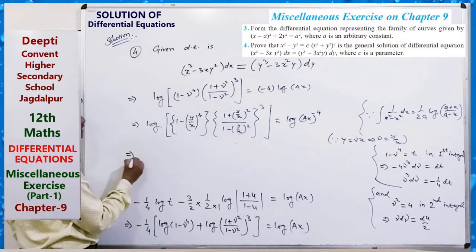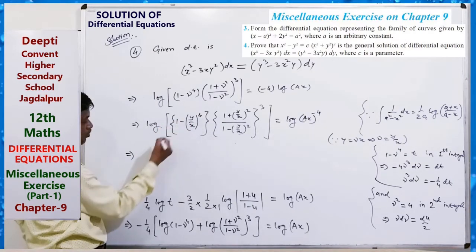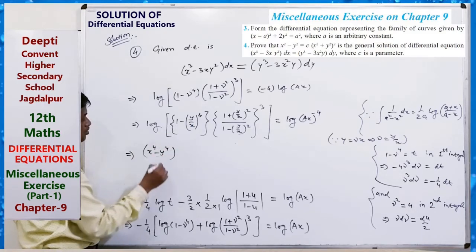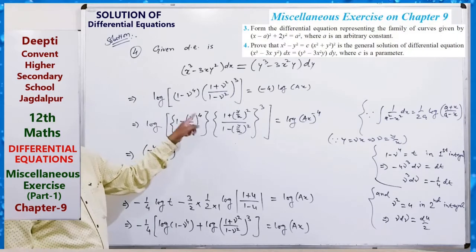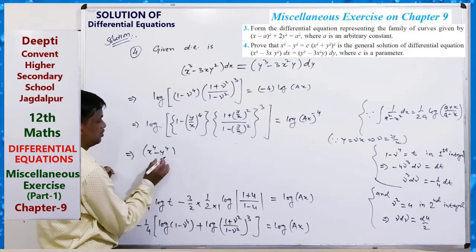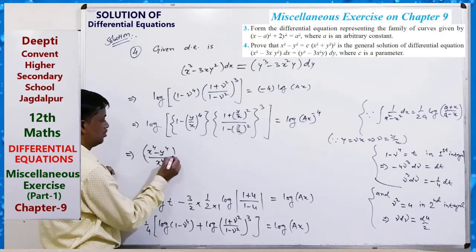So now log cancels. Here we can see that x power 4 minus y power 4 upon x to the power 4.